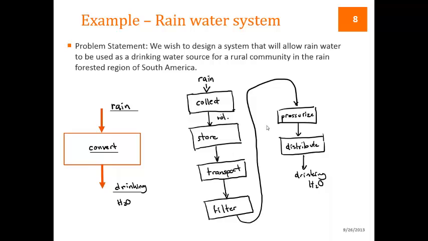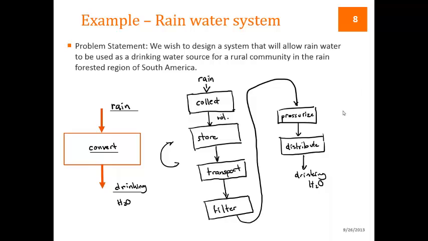Not really solutions, but the functions of each of these boxes. Notice they could be in this order. We could also possibly collect it and then transport it and store it. So another option, we could switch those two, right? This one's a sort of a linear version, right? But we might also have a function on the side that we want this to be safe.